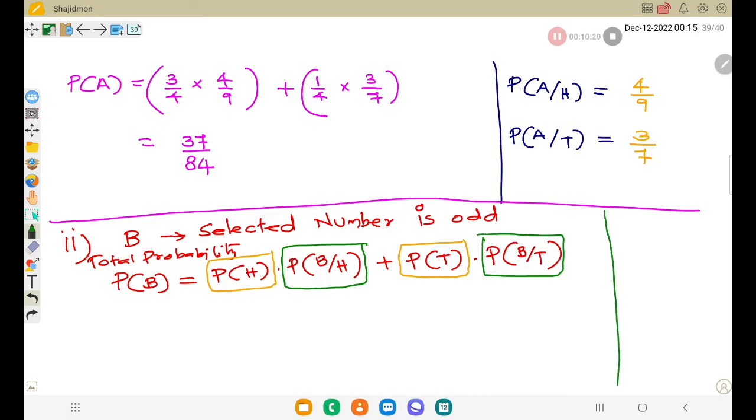I can do it on this side. First probability of B given H, what will be the number? Then probability of B given T. Okay, so what is the meaning of probability of B given H? B means odd number selection, given that head occurred.